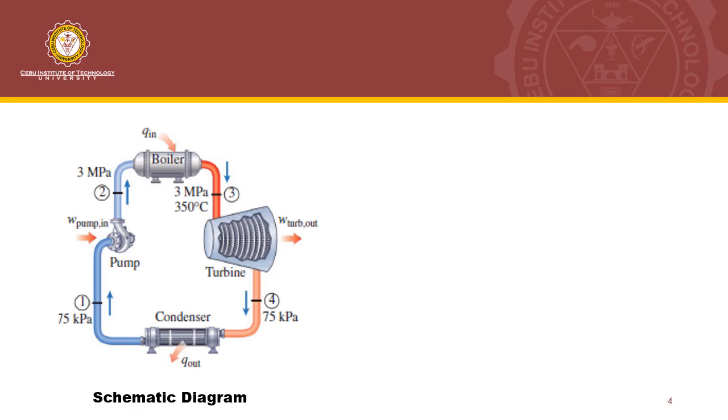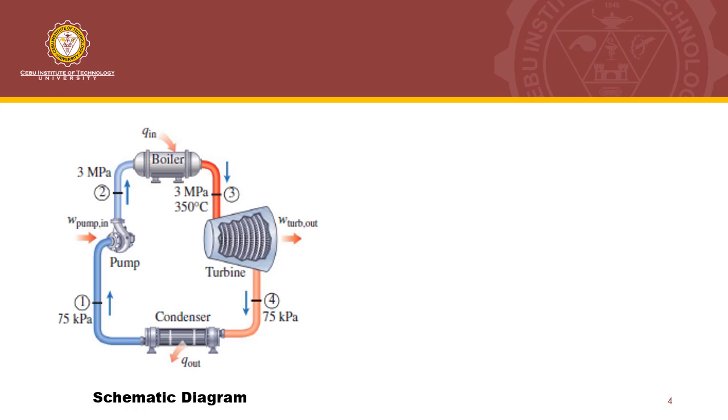Another component here is the turbine, which produces the work, work turbine output. You can see that the arrow is going out because it produces work. It is opposite that of the pump, which requires work from electricity.